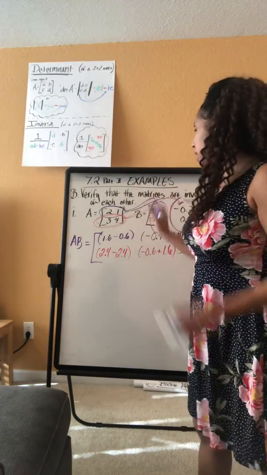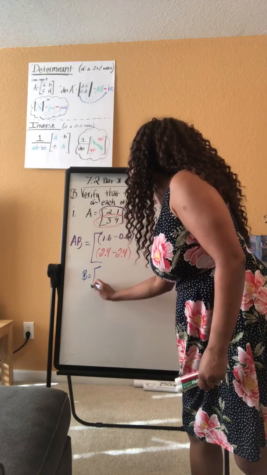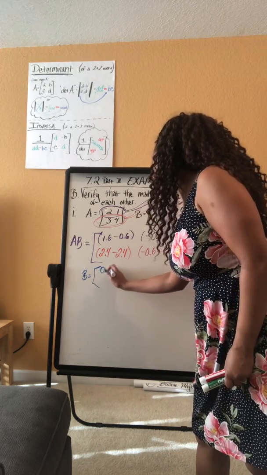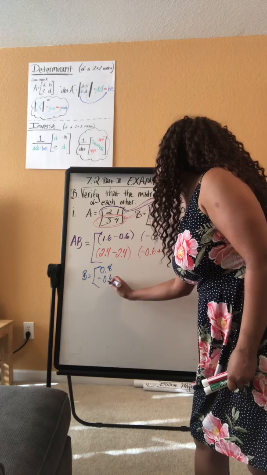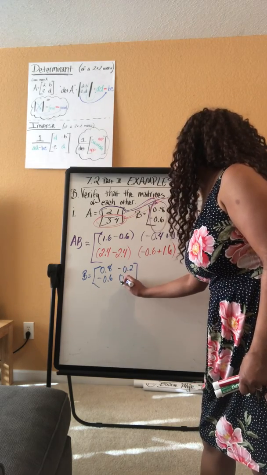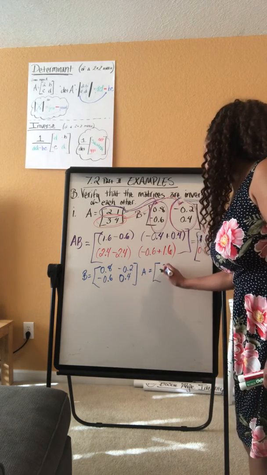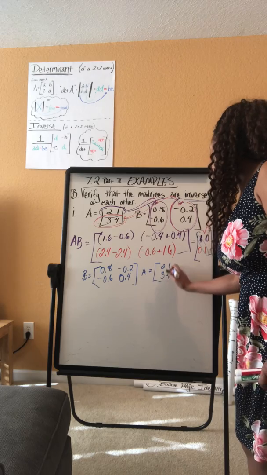Again, I like to write it with the B in the front. It's just easier for me to see the across and down that way, so bear with me. Negative 0.6, negative 0.2, 0.4. And A was 2, 1, 3, 4.